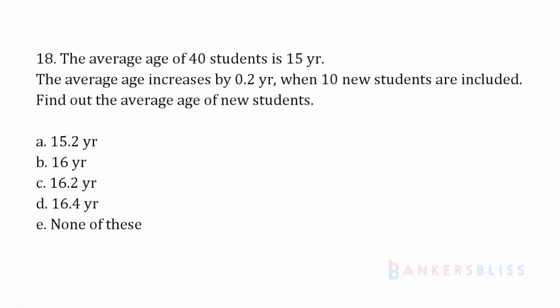Problem number 18. The average age of 40 students is 15 years. The average age is increased by 0.2 years when 10 new students are included. Find the average of the 10 new students.